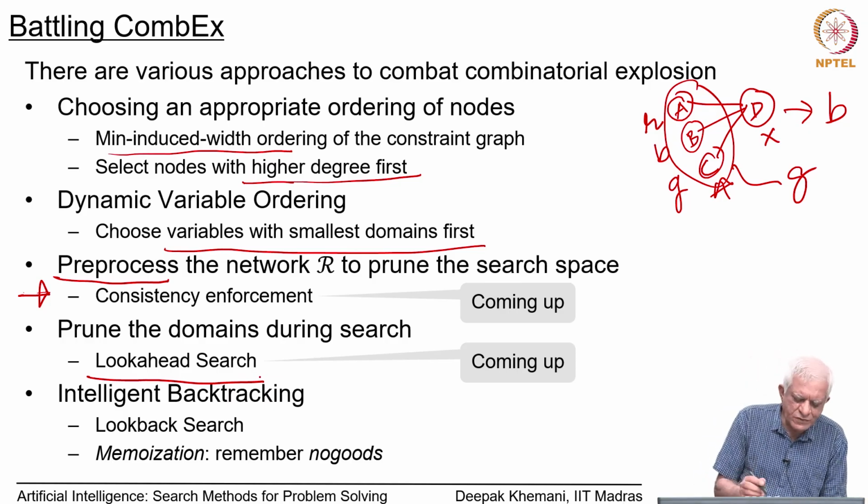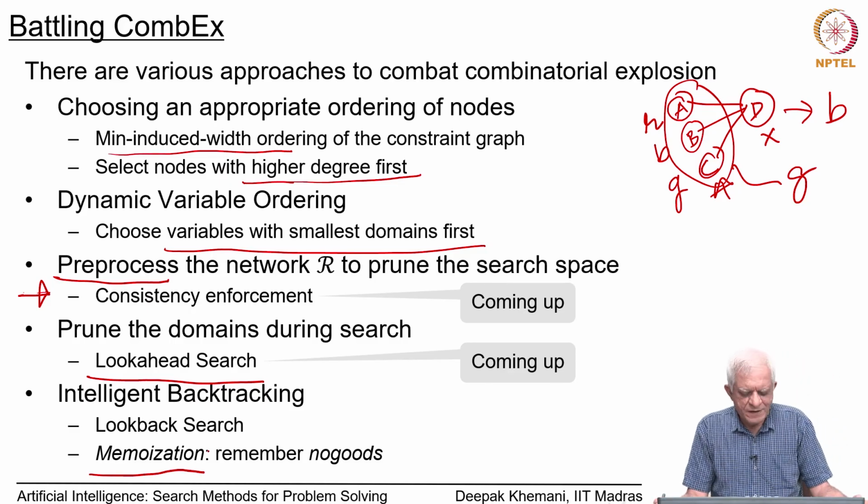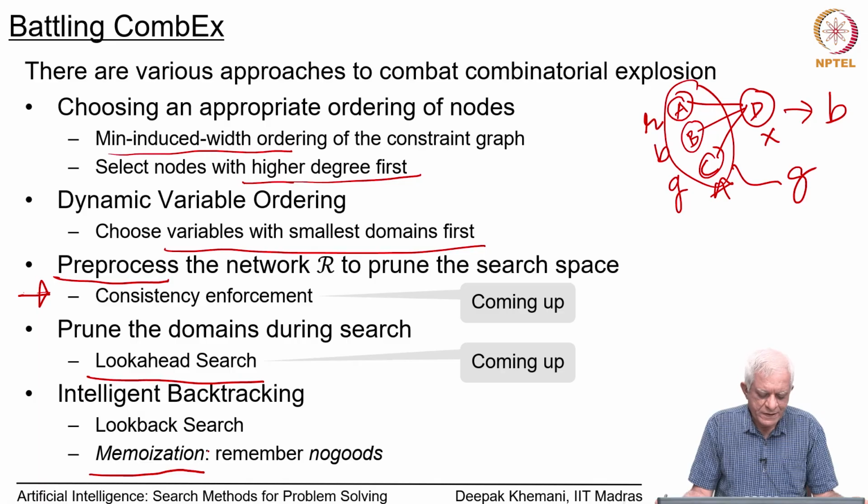And another thing we use to fight this combinatorial monster is something called memoization. The idea of memoization is to remember certain things which do not work essentially. So, at some point when you reach a dead end, you remember that this combination of values or this assignment cannot lead to a solution.